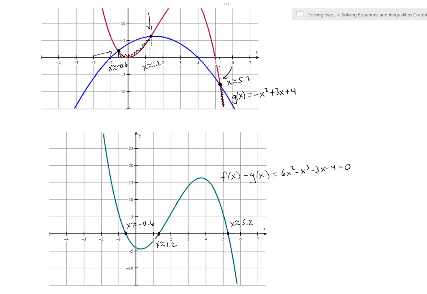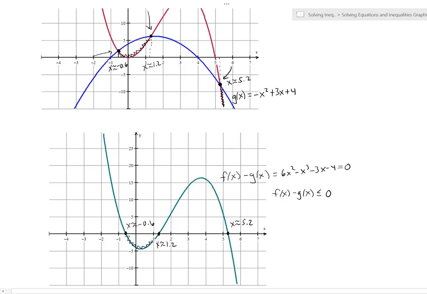Might as well just do the very last piece, and that was part B, asking where this function f of x minus g of x is less than or equal to 0? Because remember, before we were asking where f of x was less than or equal to g of x. Bring the g of x to the left-hand side. Now we're asking where the difference in these functions is 0 or below 0. Where is it below the x-axis?